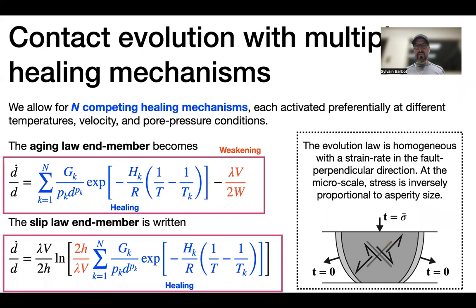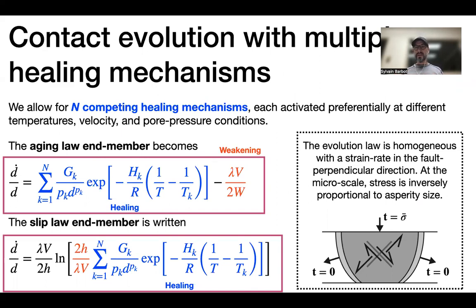To capture these effects, we can devise formulations that fall within the aging law of rate and state friction, or the slip law of rate and state friction. The slip law and the aging law have different pros and cons to explain laboratory data.